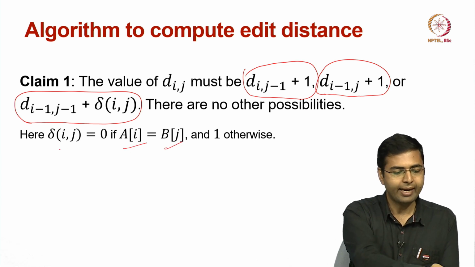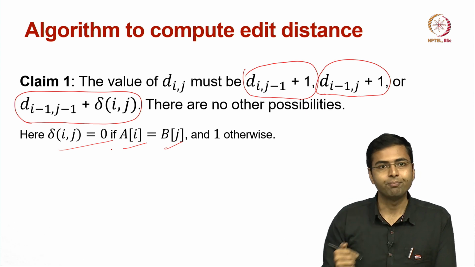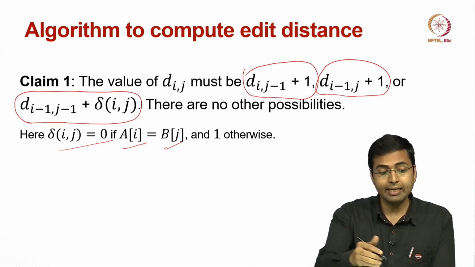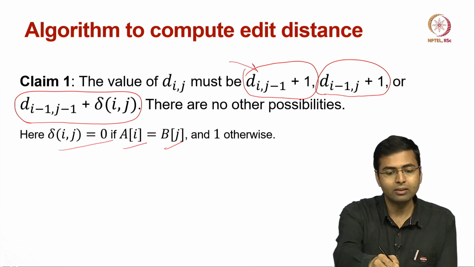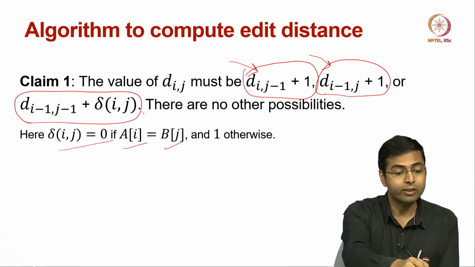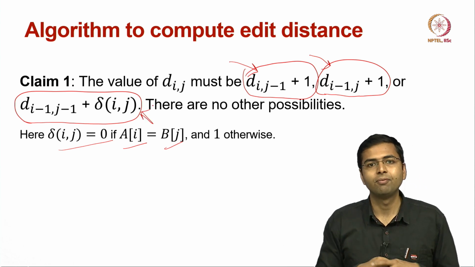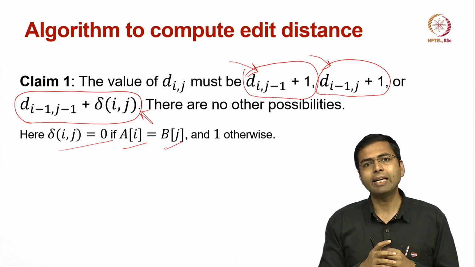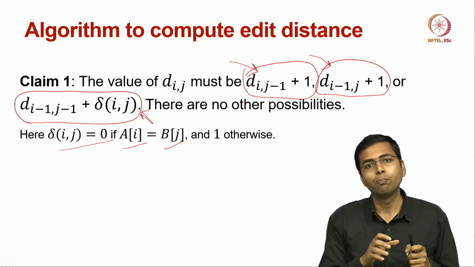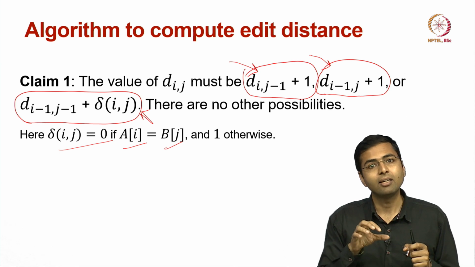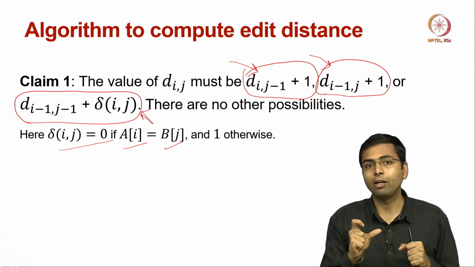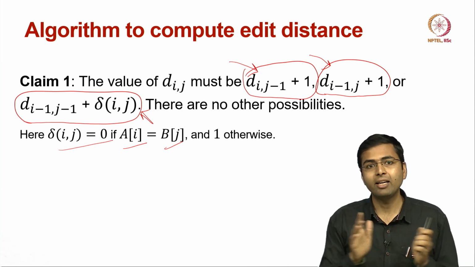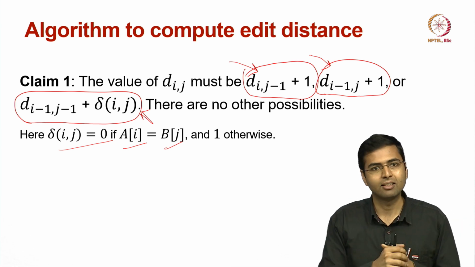In that case delta is 0, otherwise it is 1. That is, these are the only 3 values that I need to consider. There are no other possibilities. So, in some sense this claim is saying that the value of d(i, j) must be one of these 3 values. There are no other possibilities.